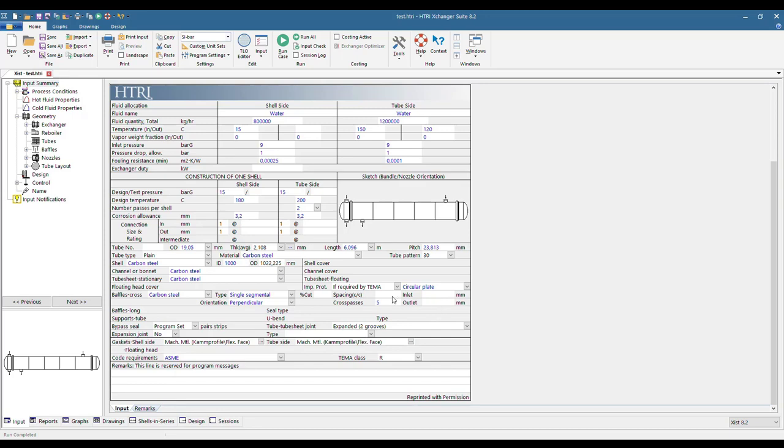Neither the spacing nor the cut has been specified, but we have specified 5 cross passes. That means 1, 2, 3, 4, 5 crosses of the tube bundle between inlet and outlet.